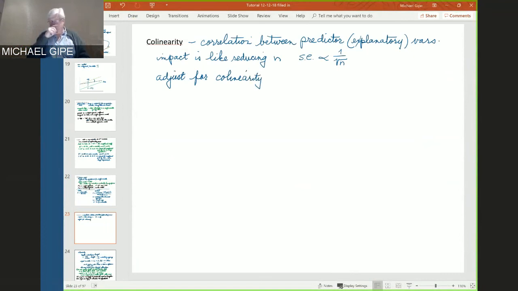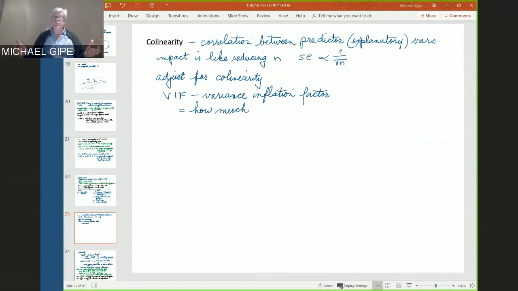And the adjustment we make is something called VIF, the variance inflation factor. It's basically how much the standard error of a coefficient is enlarged due to collinearity.